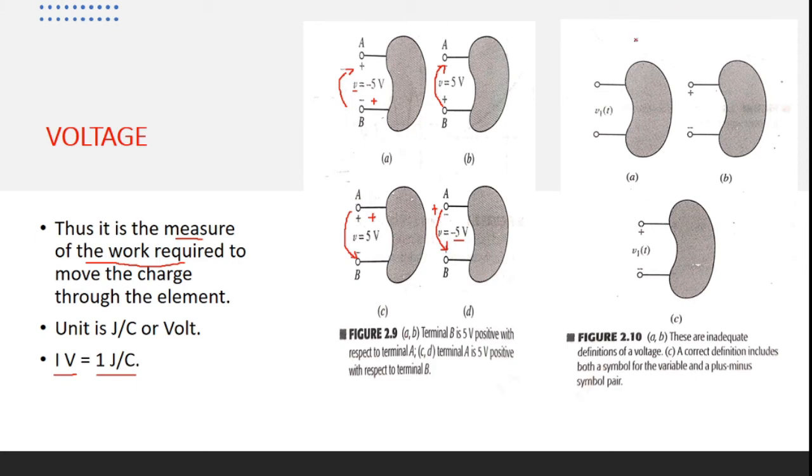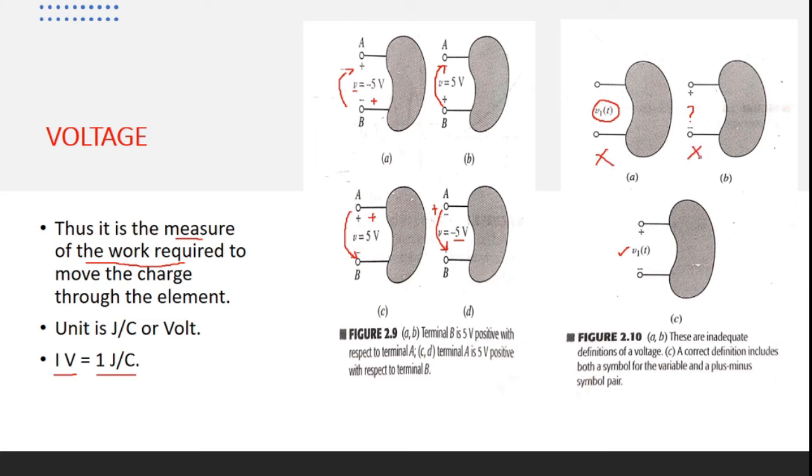Now compare these diagrams. In the first, only the voltage value V1 is present, but the terminals are not marked positive or negative, which means I cannot predict which terminal is positive. In the second diagram, the terminals are marked, but the voltage value is not mentioned, so this is also a wrong representation. In the third diagram, the terminal polarities and the value of the voltage are both present, so only this is a correct representation of a voltage source.